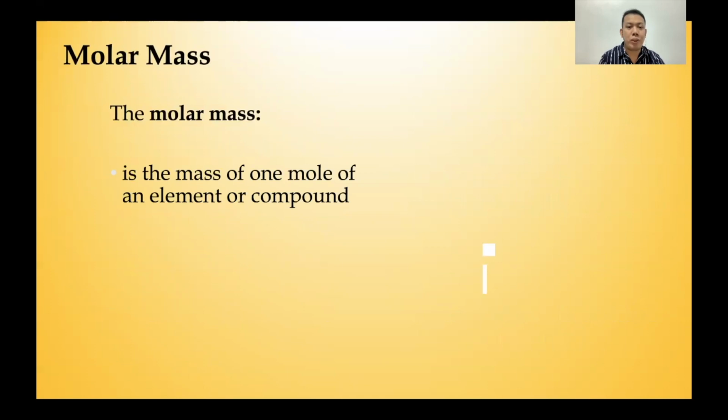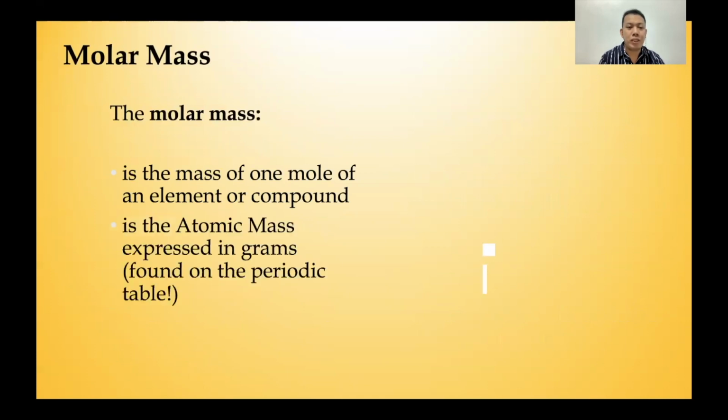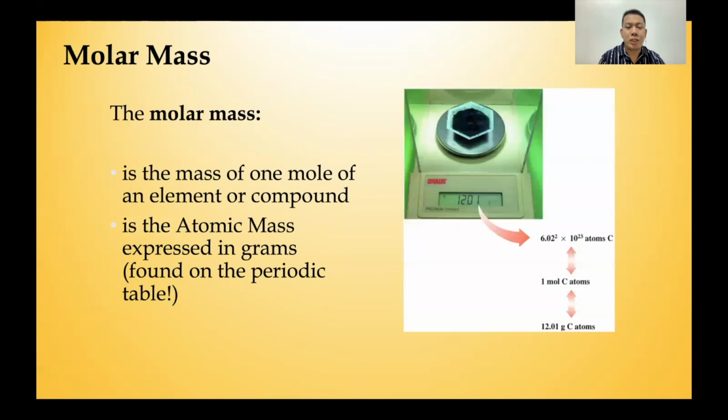It is the mass of one mole of an element or a compound. It is the atomic mass expressed in grams, which can be found in the periodic table. The illustration on the right side of your screen is an actual mass of the element carbon. One mole of carbon atoms is equivalent to 12.01 grams of carbon atoms, and that is also equivalent to 6.022 times 10 to the 23rd atoms of carbon.